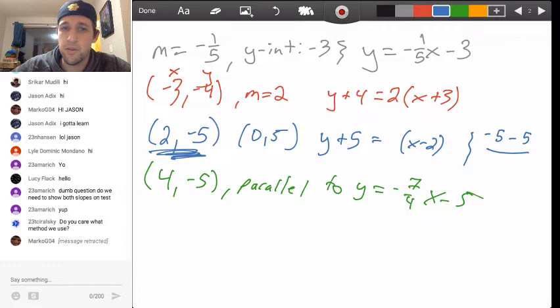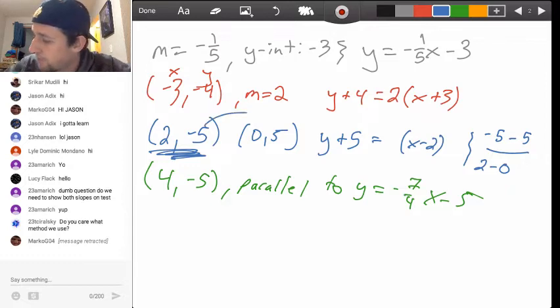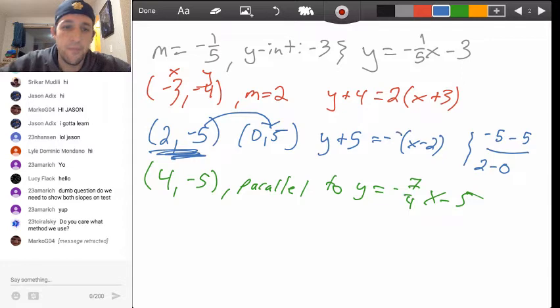So I can't do 0 minus 2. I now have to do 2 minus 0, because I subtracted this direction. -5 minus 5 is -10, divided by 2 is -5. Great, so my slope is -5, and I plug that right in there.